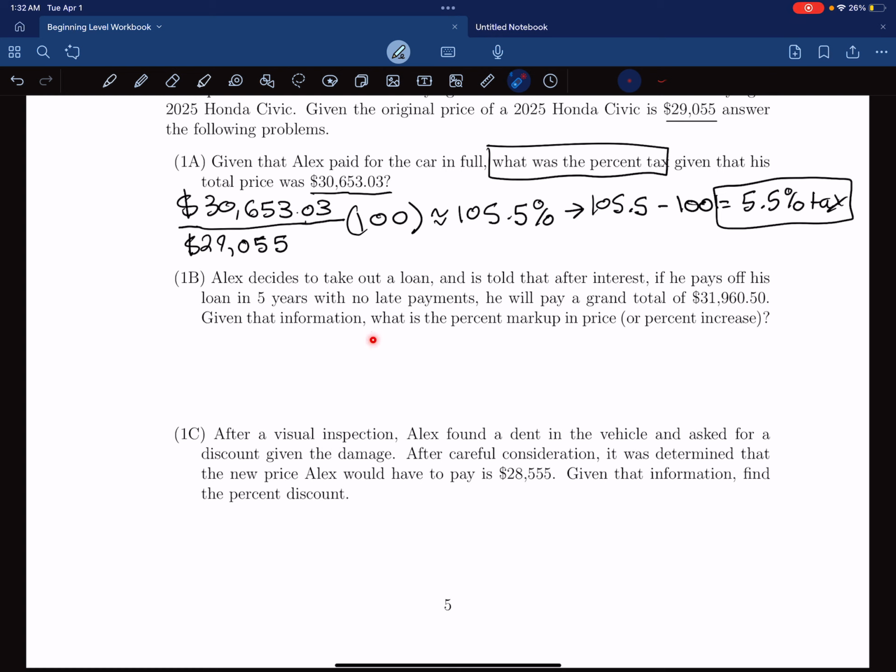Given that information, what is the percent markup in price, or in other words, percentage increase? Let's box the question. What is the percent markup or percent increase?